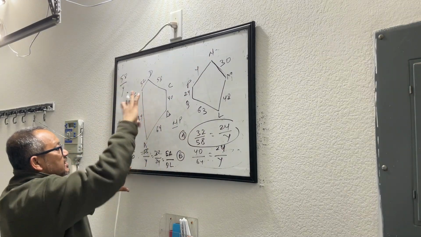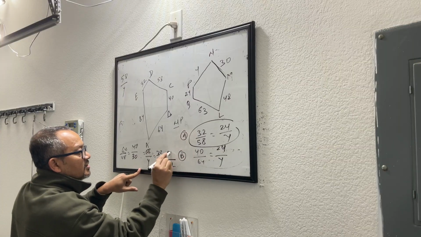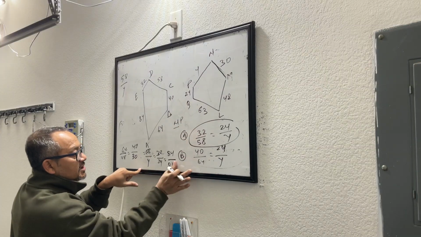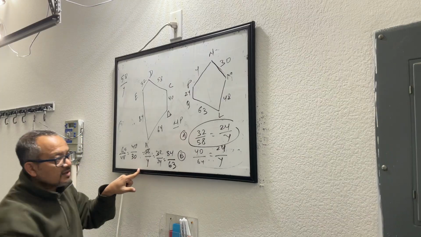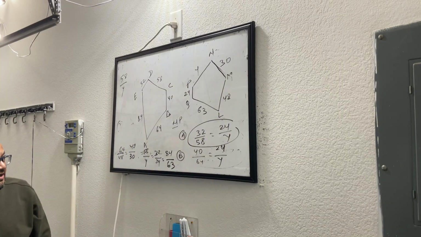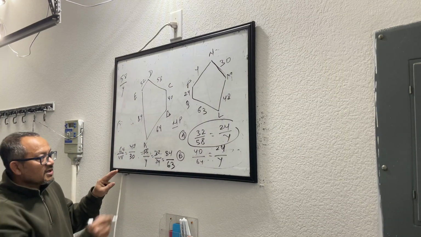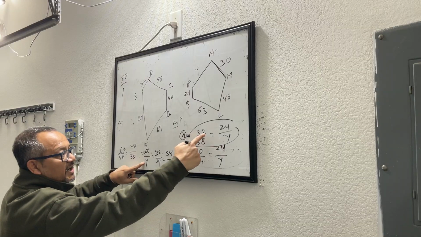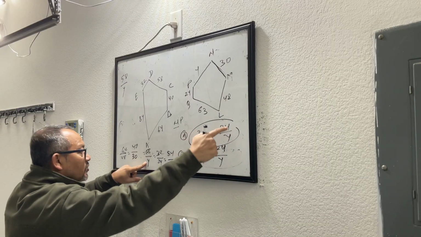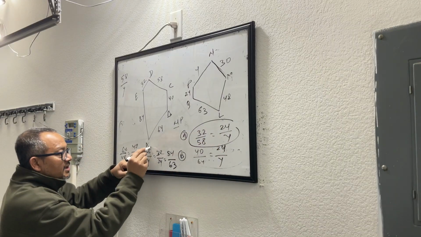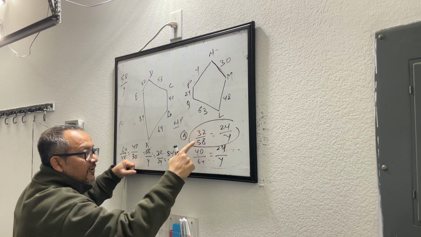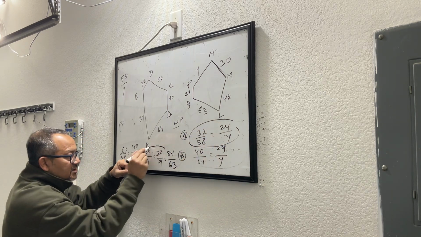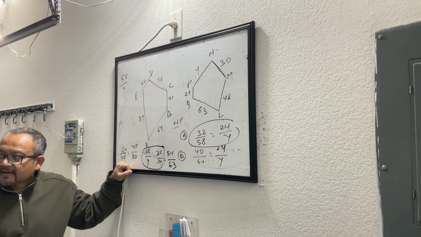EA is 84, QL is 63. Now look at all the options. What you are seeing is 32 by 58 equals 24 by Y. So you are looking at the 32, 24, 58, Y combination.